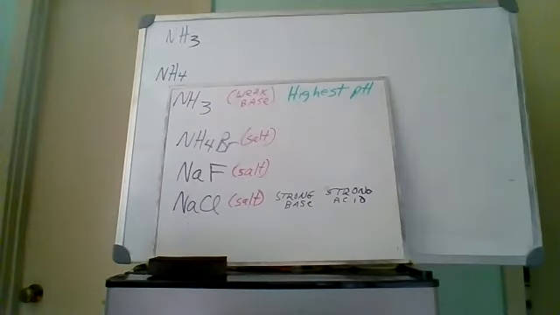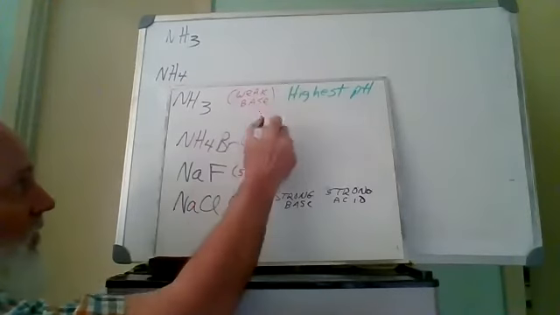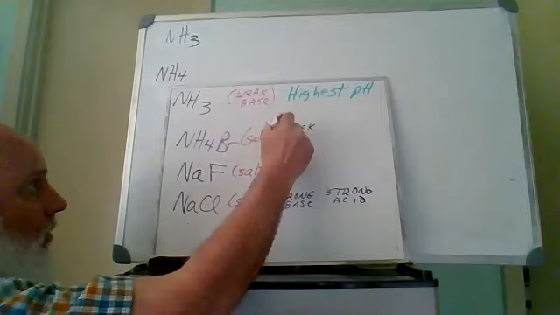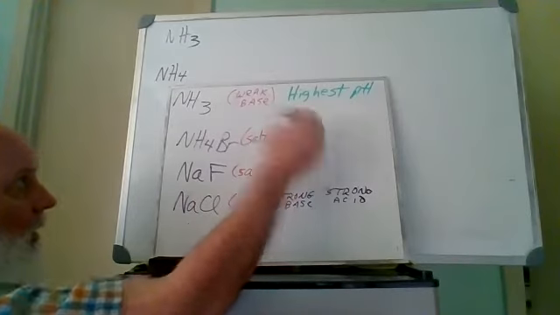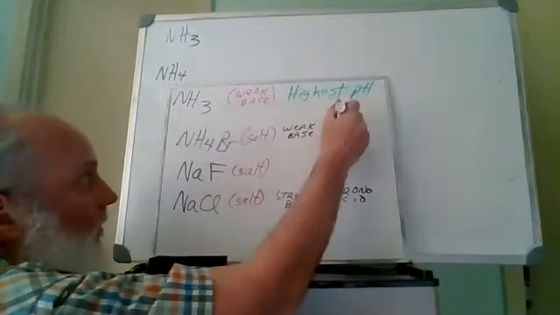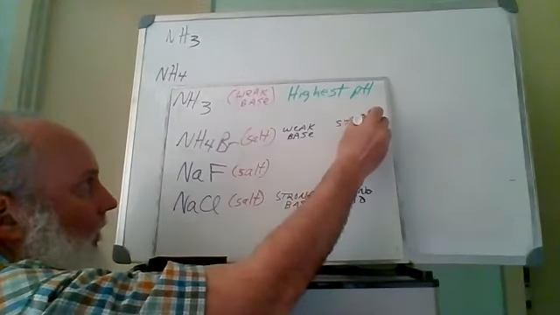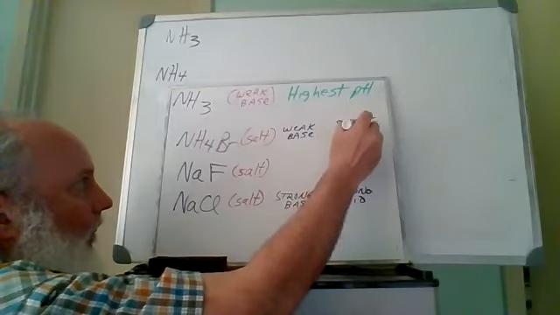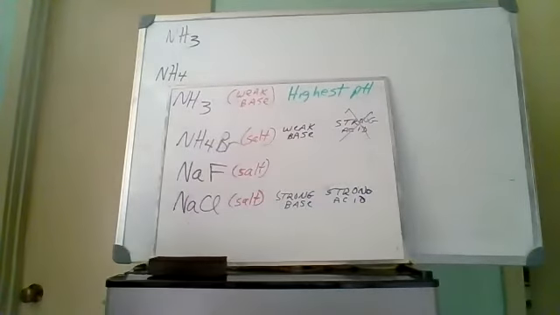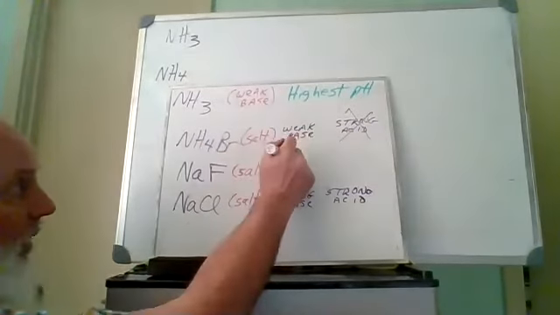Now, let's look at the other two. This is the conjugate acid of a weak base. And this is the conjugate base of a strong acid. HBr is a strong acid, so that's not going to react with water. This will. And finally, let's look at the sodium fluoride in our toothpaste.